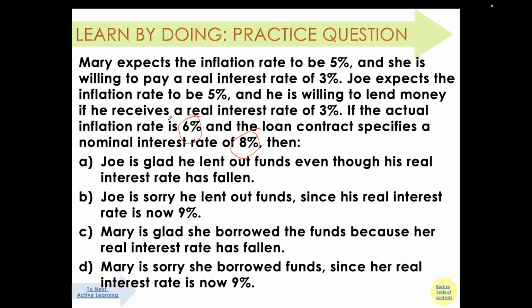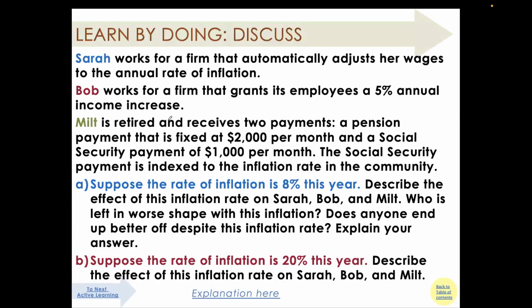So this means Mary got a bargain because she was willing to pay 3%. Now it's only 2%. But this is not a good thing for Joe, because he will lend out money if he gets 3%. But now it's only 2%, right? So here is to show you the importance of inflation, and of calculating nominal versus real interest rate.